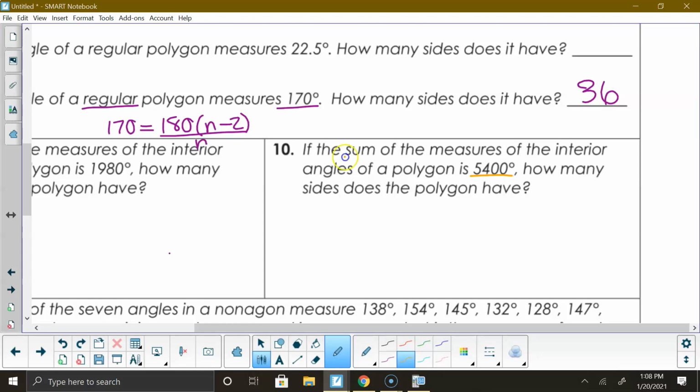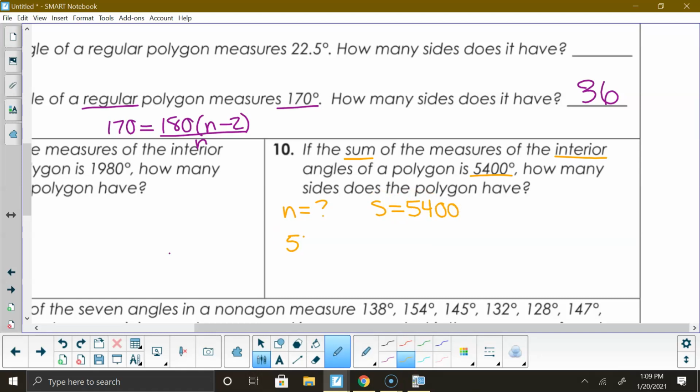Interior. And they tell me this is the sum for interior. That's what it's called. Sum, interior. Did they mention anything about it being regular? No. So, it's not this one, and it's not this one. So it's got to be this. Alright? So sum equals 5,400.